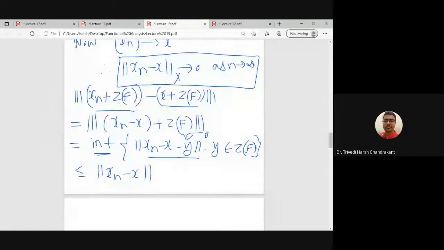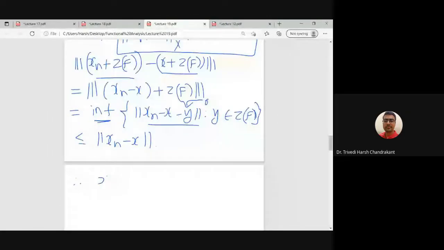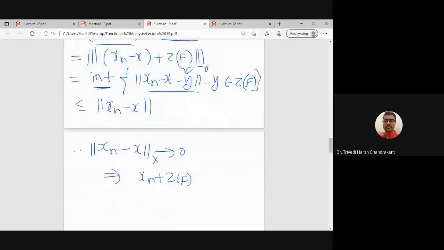Therefore, xn minus x converges to 0 implies xn plus kernel minus x plus kernel in the quotient space converges to 0.